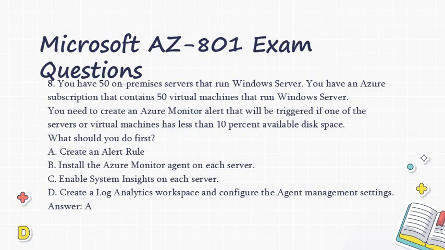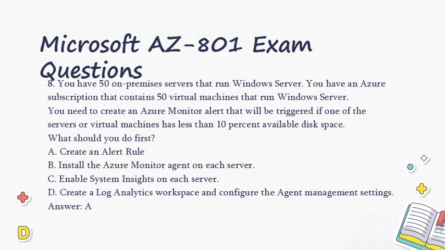8. You have 50 on-premises servers that run Windows Server. You have an Azure subscription that contains 50 virtual machines that run Windows Server. You need to create an Azure Monitor alert that will be triggered if one of the servers or virtual machines has less than 10% available disk space. What should you do first? A. Create an alert rule.